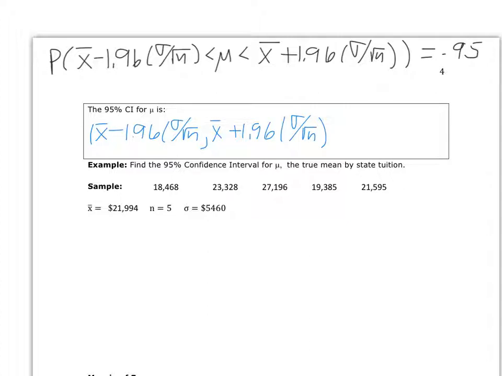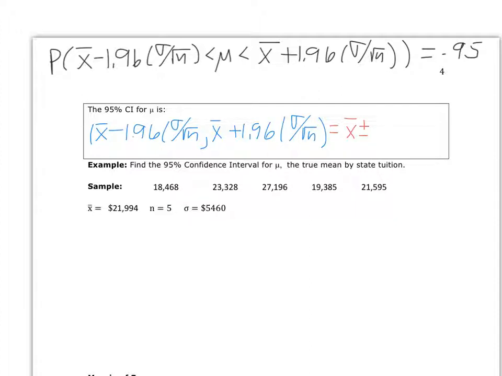So when we say a 95% confidence interval, it is implying that the probability that mu is between those two values is 95%. Another way that we can write that, a little shorthand, is if we take x bar and we subtract and add, we get the two values. So we can write that as x bar plus or minus 1.96 times sigma over square root n.